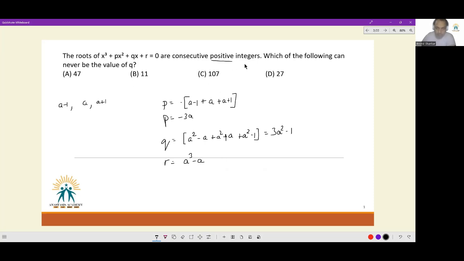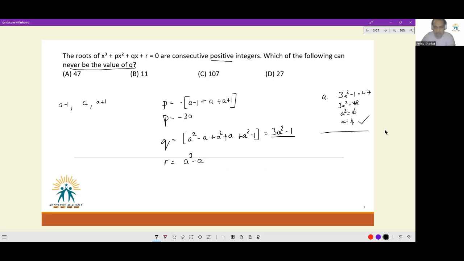Now, we have been asked which of the following can never be the value of q. 3a square minus 1, can it be equal to 47? It would imply 3a square is 48, or a square will be equal to 16, or a will be equal to 4.